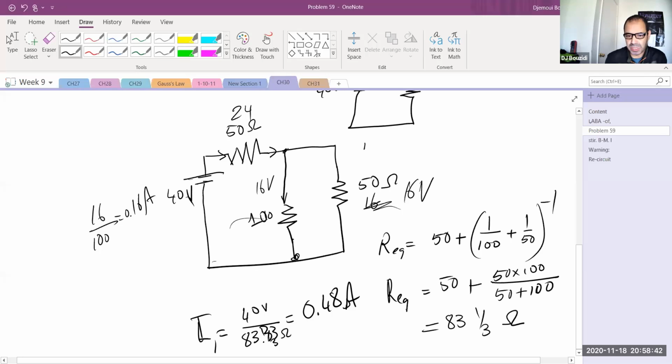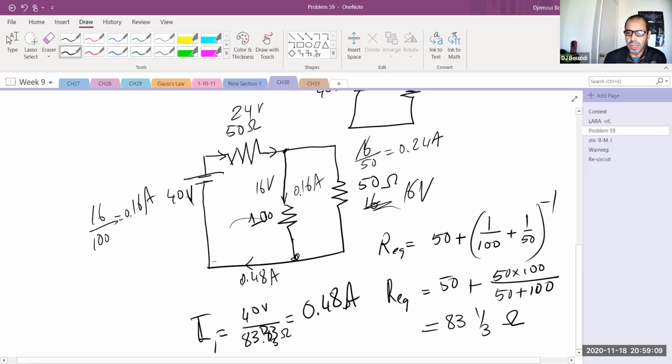I remember I have a 16 volt in here, because it's the difference between the 40 volt and the 24 volt. 16 volt divided by 50 ohms should read 0.24 amps. So I have 0.24 amps, and on this side I have 0.16 amps. They should add up to the total current that is read by A1, which is 0.48 amps.